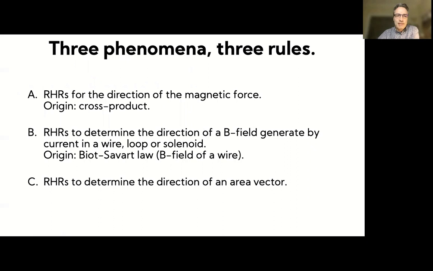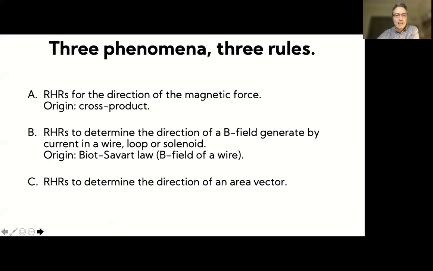The first one is there's a set of right-hand rules to tell us what the direction is of the magnetic force. And the origin in all those cases is the cross product. And so for the cross product, we need a right-hand rule, and that actually leads to the right-hand rules for the magnetic forces. An entirely different case is case B here, which is where we use the right-hand rules to essentially determine the direction of the magnetic fields that are generated by currents in a wire, a loop, or a solenoid.